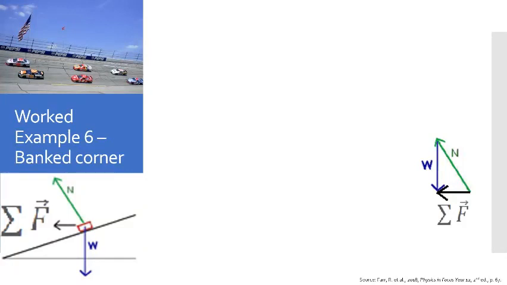The normal force due to the banking of the curve, or the corner, is the green arrow and given capital N as the normal force. And the two of them, you can see on the right-hand side, a vector diagram shows that the sum of the vectors, the resultant force, is horizontal and, in this case, to the left.